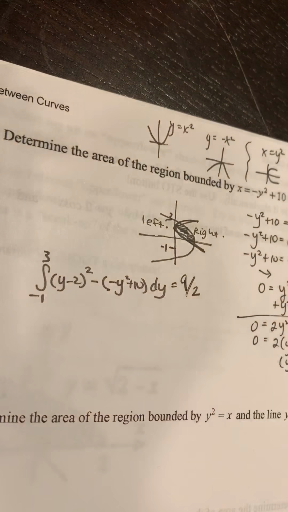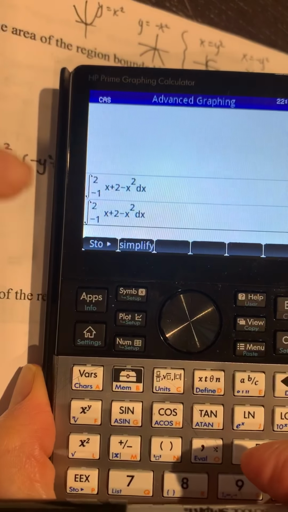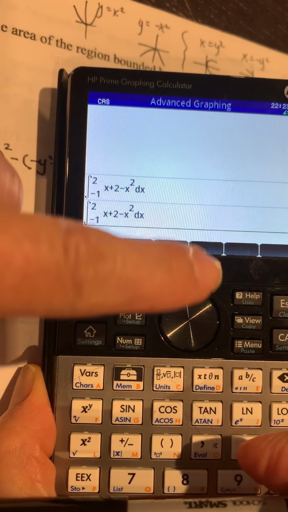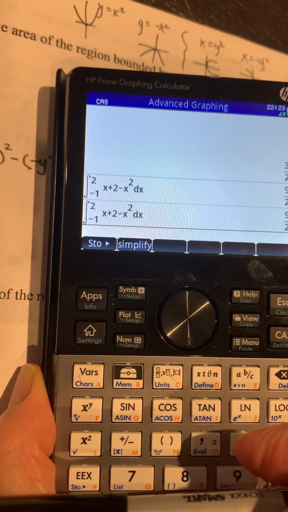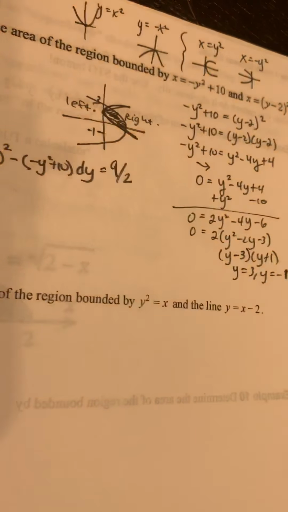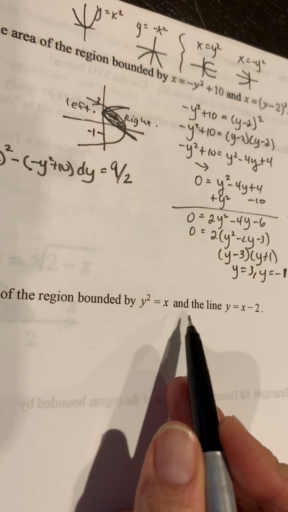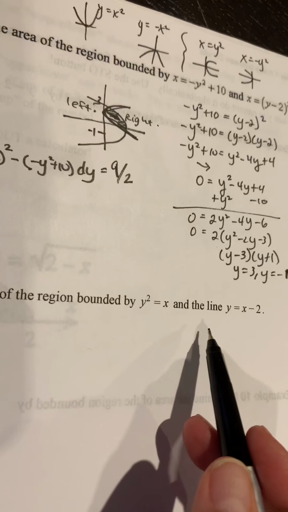It can be done algebraically, but again, I'm just focusing on the concept right now. Notice when I put it in my calculator, everything's in terms of x, because they have variables here, we just have to put it in terms of x so that we can compute it. Okay, determine the area of the region bounded by these two.